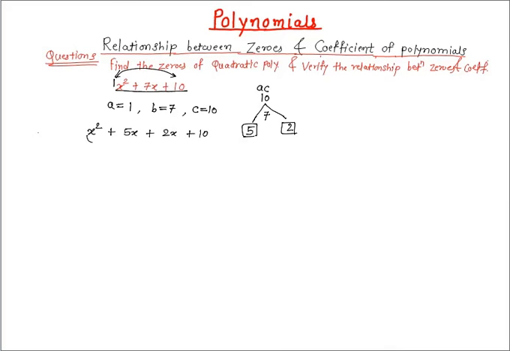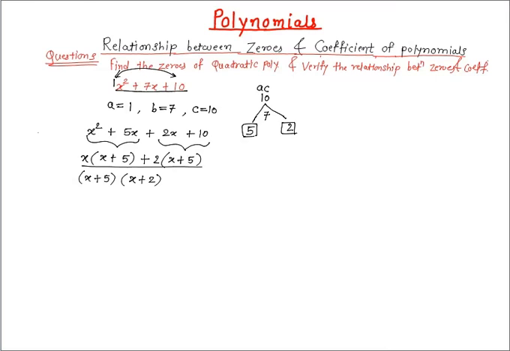Now from these terms you can take x common. What is left out? x plus 5. And from these terms you can take 2 common. What is left out? x plus 5. Now from this whole expression you can take x plus 5 as common. So what is left out? x plus 2.